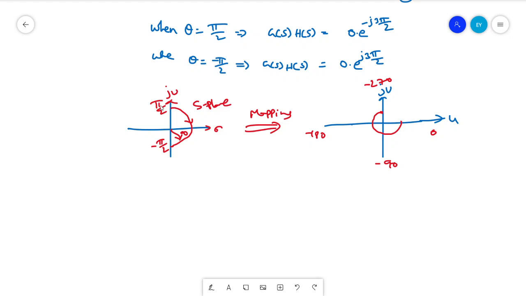So pi by 2 to 0 means halfway. Here 3 pi by 2 to 0, minus 3 pi by 2 means minus 270, halfway will be 0, till 0.